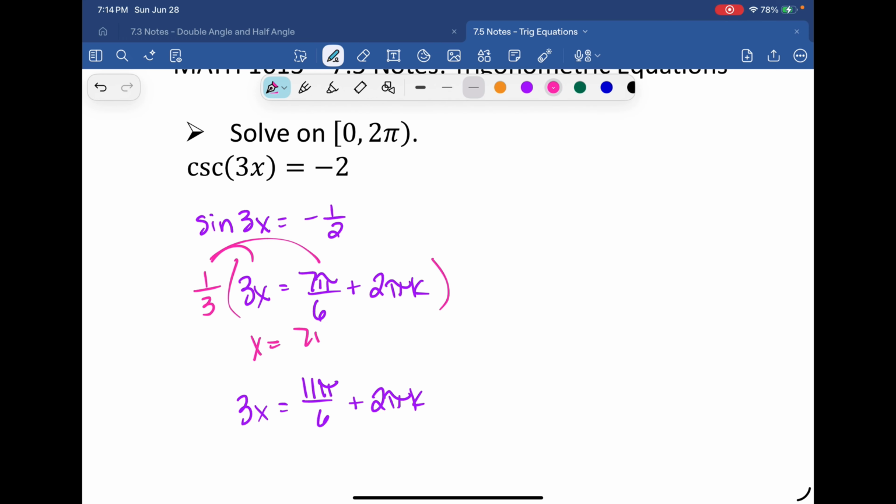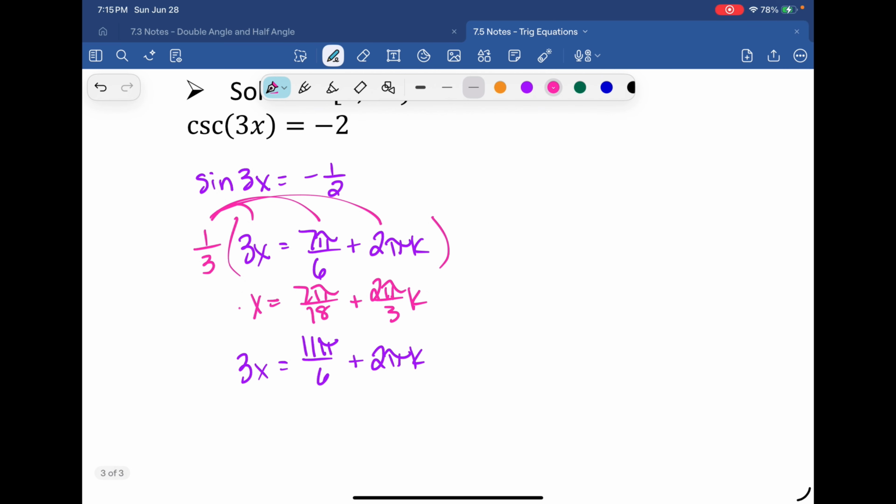Distribute. That's going to give me 7 pi over 18. Distribute here is not going to be pretty, but it's going to be your answer. It's going to be 2 pi over 3. Okay. Do the same here.